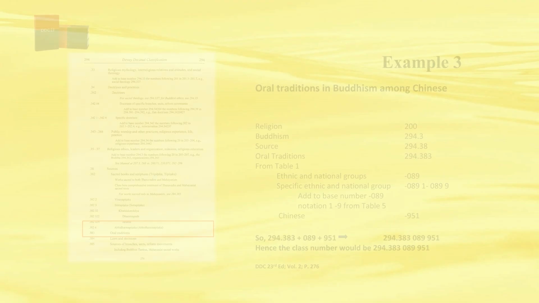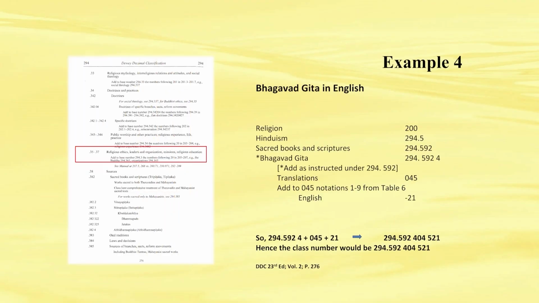The next title is Bhagavad Gita in English. It also comes under Hinduism. It is a sacred scripture of Hinduism. We already know the number of Hinduism is 294.5. Under it, 294.592 is sacred book and scripture.